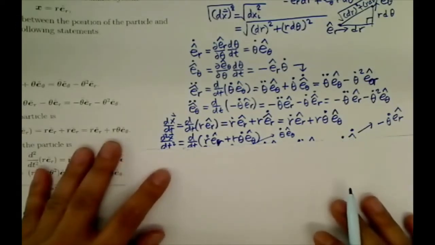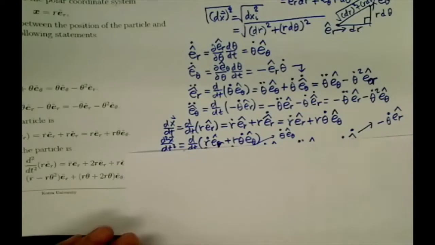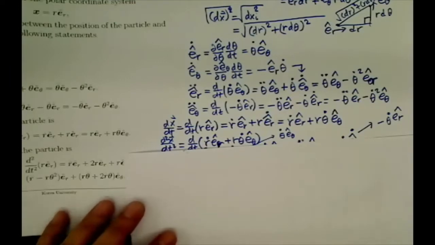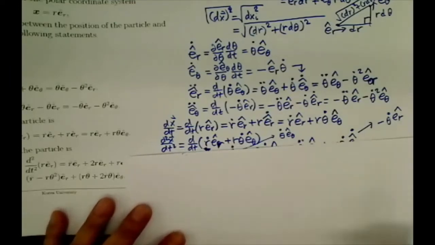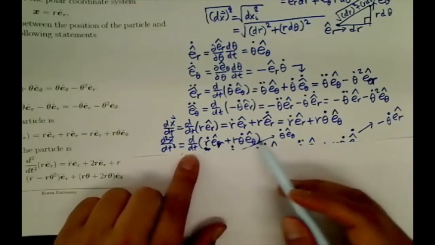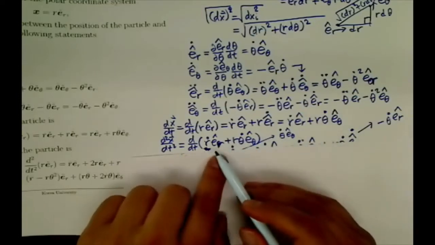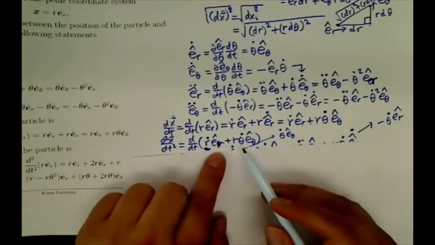Next, we consider the acceleration of a particle in a two-dimensional polar coordinate system. Acceleration is just one more time derivative of velocity, and velocity is written here. We already obtained the radial velocity contribution and tangential velocity contribution here.